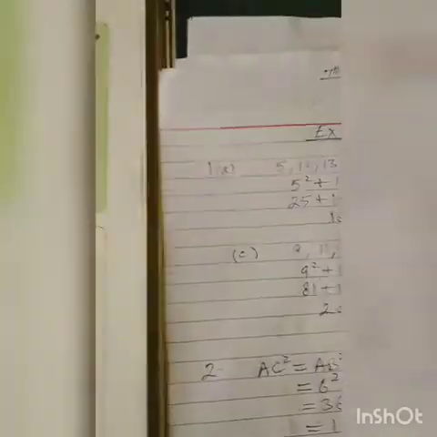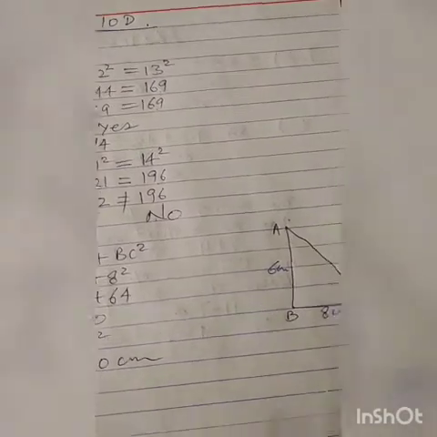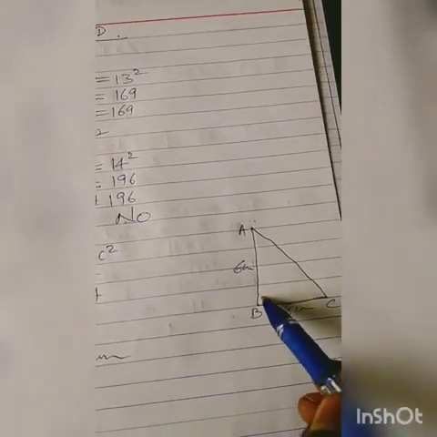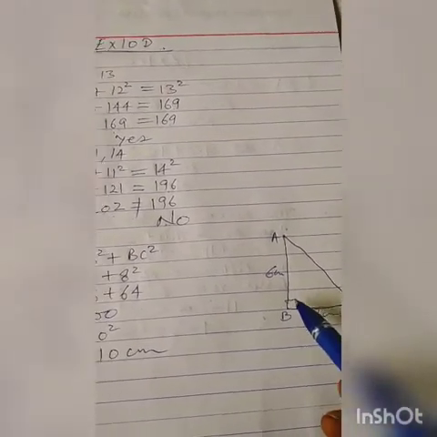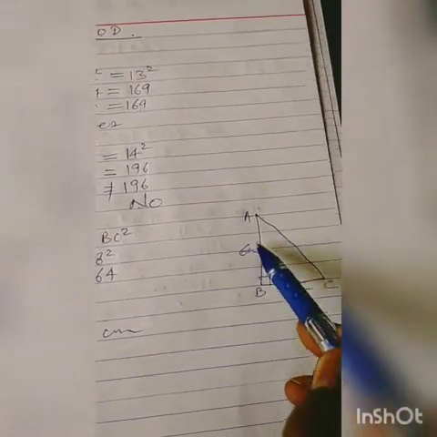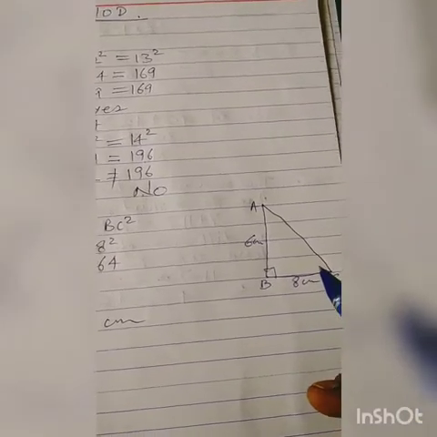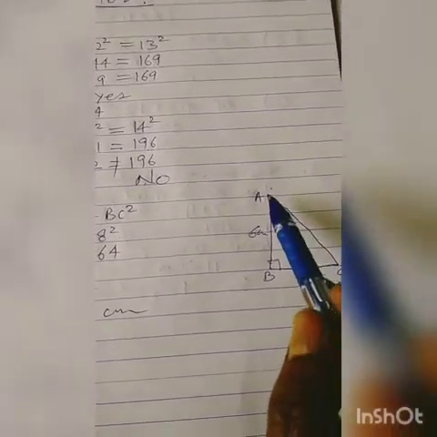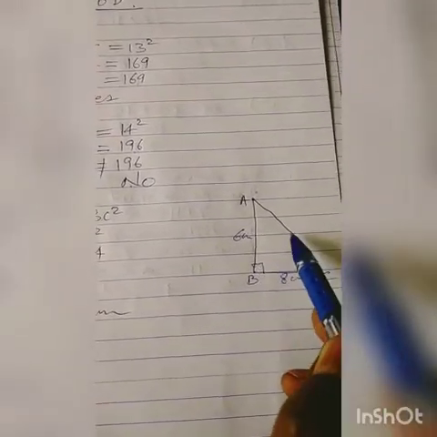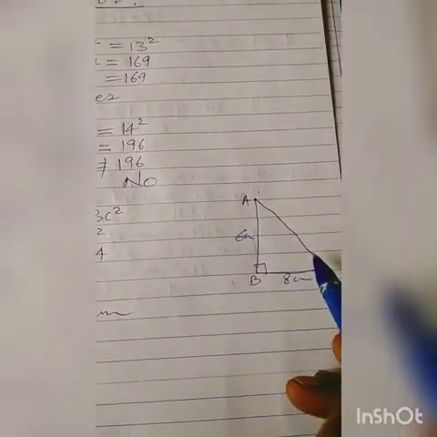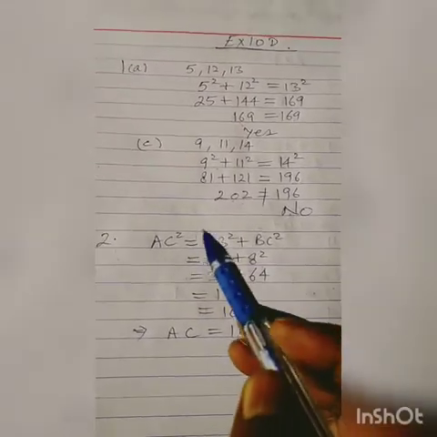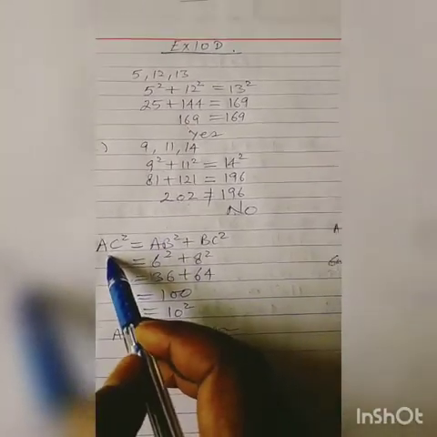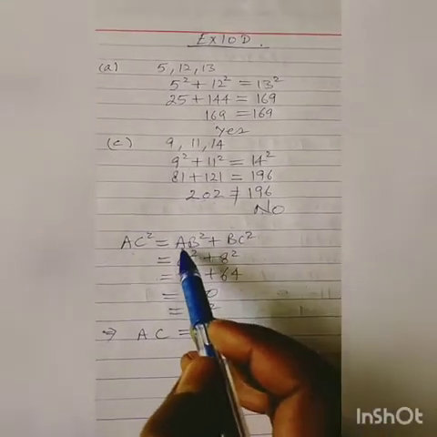Now in question 2, ABC is a right angle triangle, right angle at B. Now we have to find AC here. The lengths of AB and BC are given. We can see AC is opposite to 90 degrees, so this is our hypotenuse and also the longest side. So we'll take it on one hand and the other two together.